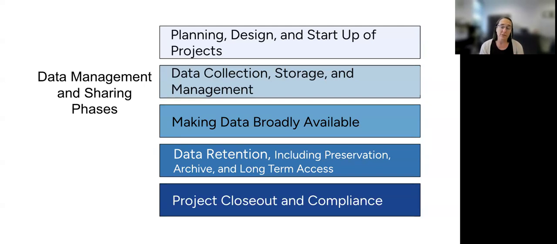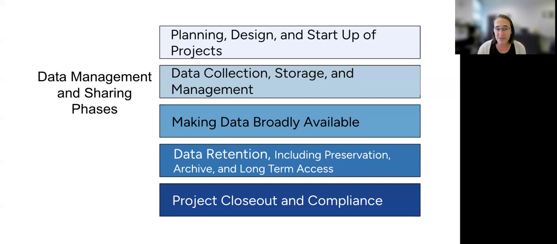They're presented here linearly. We acknowledge that doing this work is not necessarily linear. It can go back and forth. As a matter of fact, many of the activities that you'll see in these activity lists happen throughout the life cycle, and you're going to see them presented in our documentation as the first time it would be useful for someone to think about that in the course of the process.